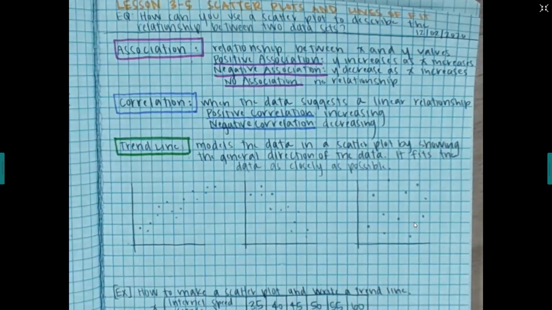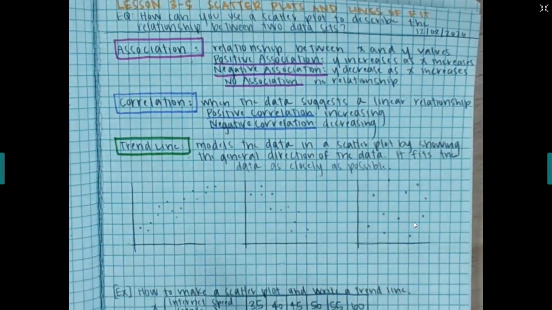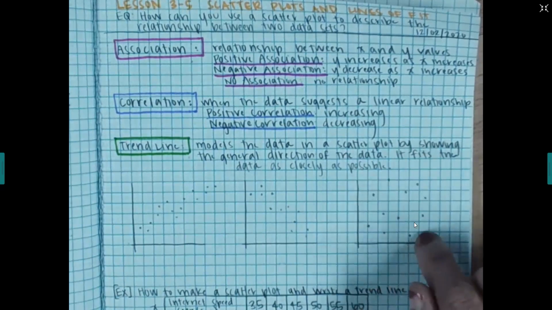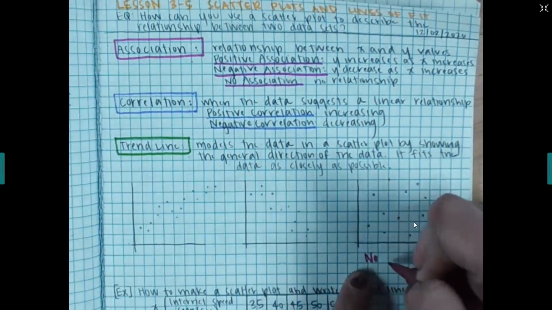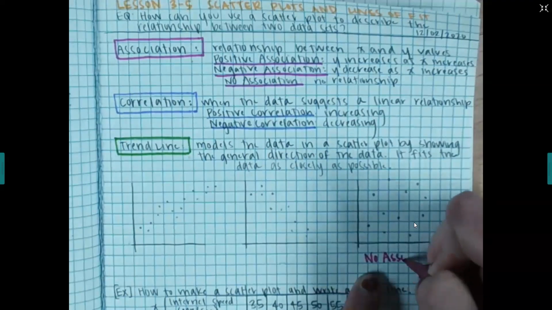So if I'm looking at just the association at this point for these graphs, I can see for sure that this scatter plot is definitely scattered all over the place. There's no relationship there between the X and the Y values. So I'm going to say this one is no association.